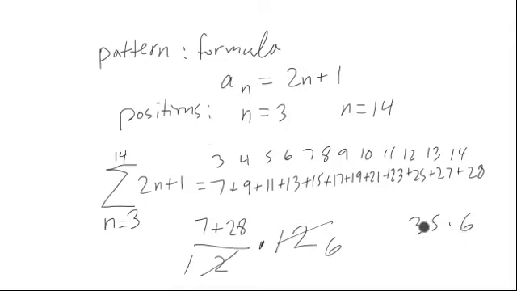Let's see, 6 times 30 is 180, and then plus 30, so 210. Okay, so our sum is 210. So that's what this symbol meant, and we just computed the sum.